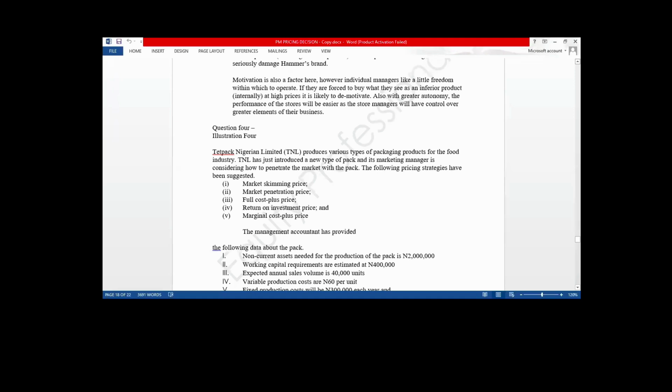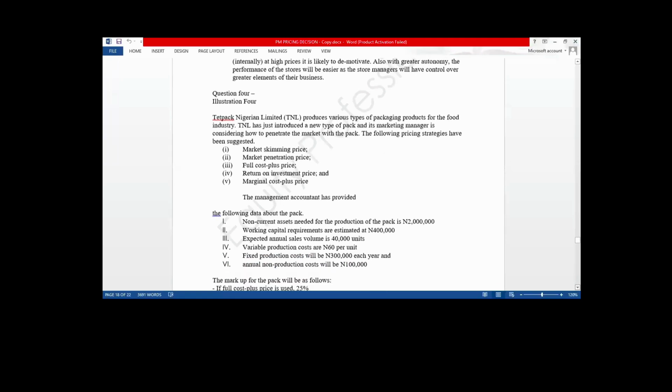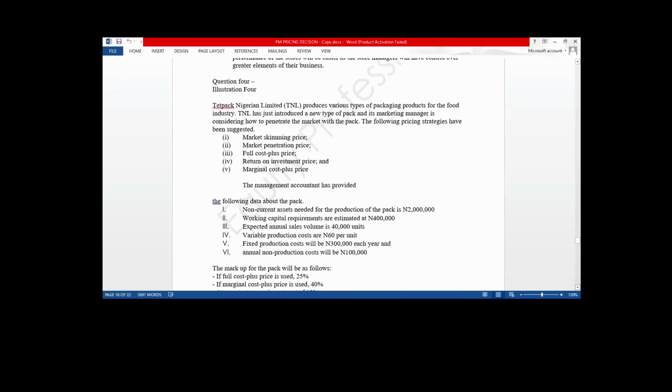Next, the management accountant has just provided the following data about the pack. 1, non-current assets needed for the production of the pack, 2 million. Working capital requirements are estimated at 400,000.